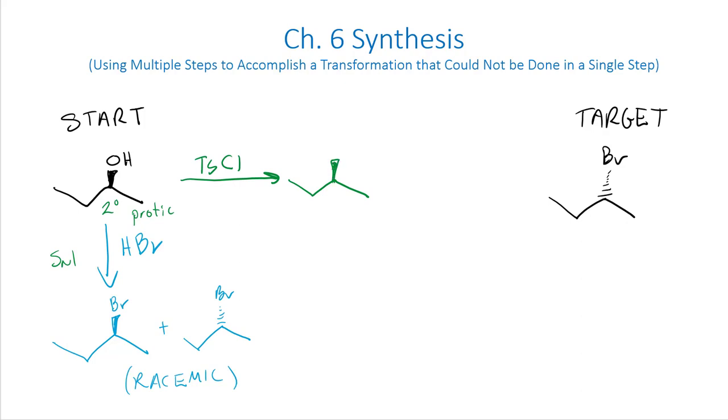So we can add the tosyl group in place of the hydrogen, conserving stereochemistry, because the substitution is happening on the sulfur of the tosyl group and not on the chiral center. Then we want to add bromide, so we need Br-. We'll use it as a potassium or sodium salt.